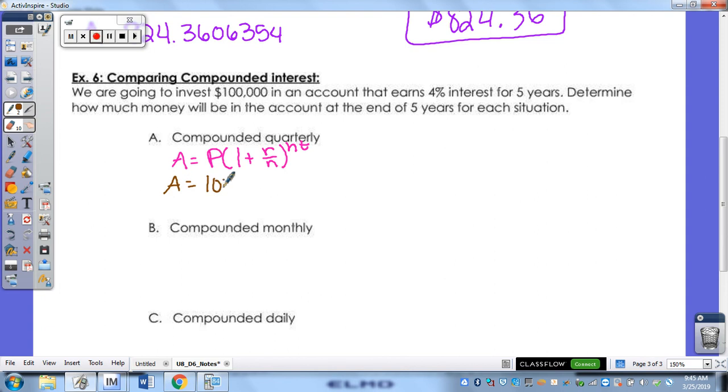So our principal is $100,000. The 1 plus our rate is 0.04. The first one is compounded quarterly, so our n is a 4. And then our exponent is going to be 4 times 5. All right, let's type that in.